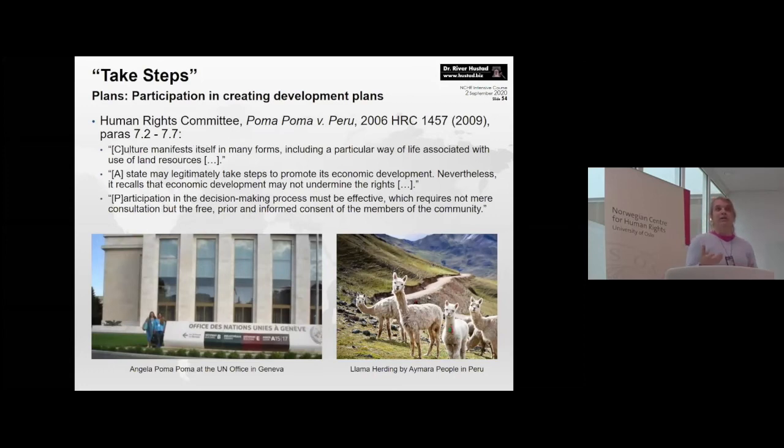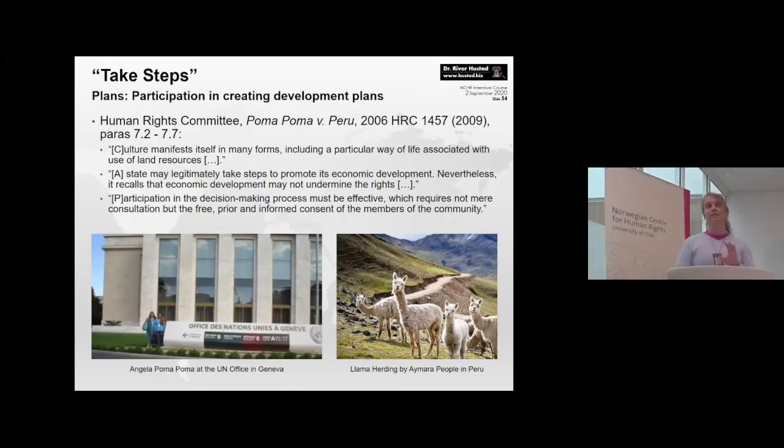And this is another case from the Human Rights Committee on a similar situation. A state may legitimately take steps to promote its economic development. Yes, you can take those steps, but it recalls that economic development may not undermine the rights. So participation in the decision-making process must be effective, which requires, and this is what the Human Rights Committee says, not mere consultation, but the free, prior, and informed consent of the members of the community.